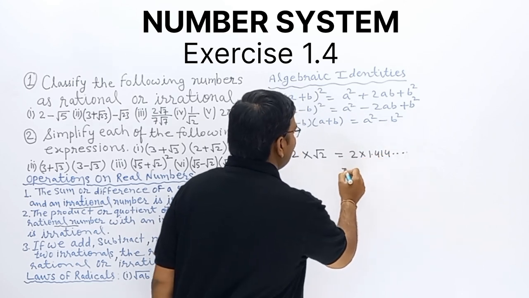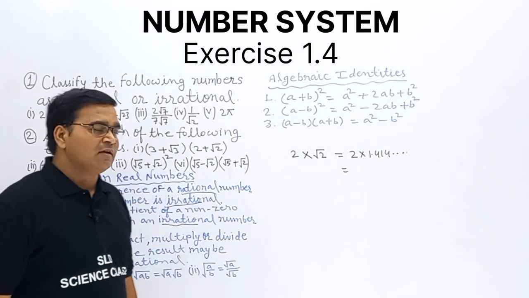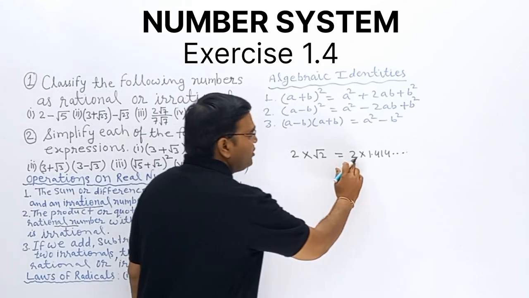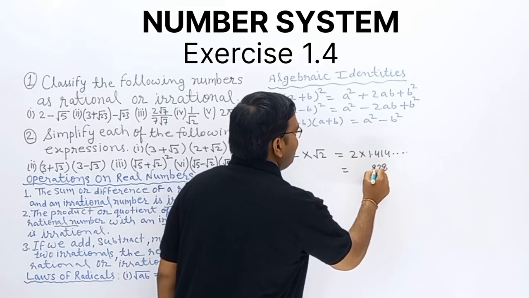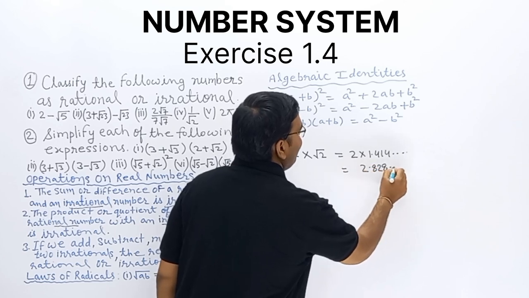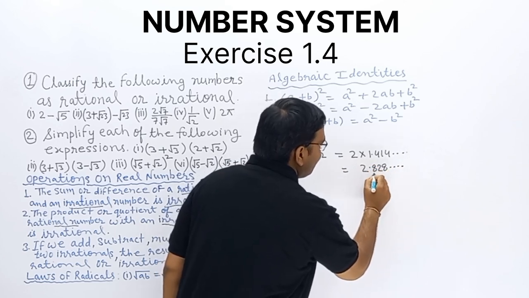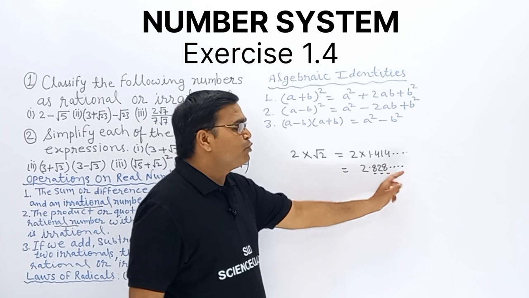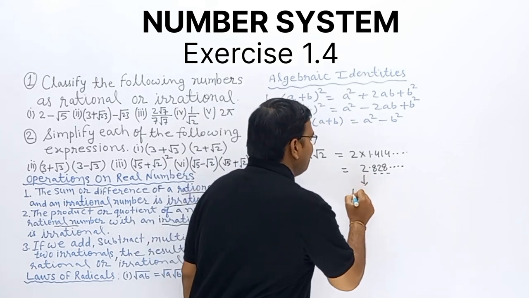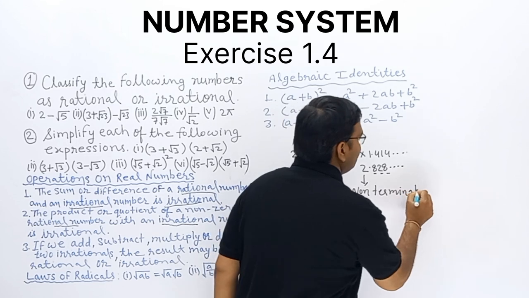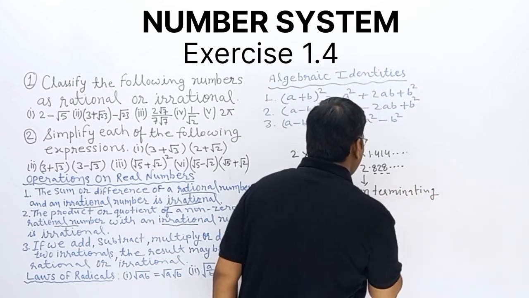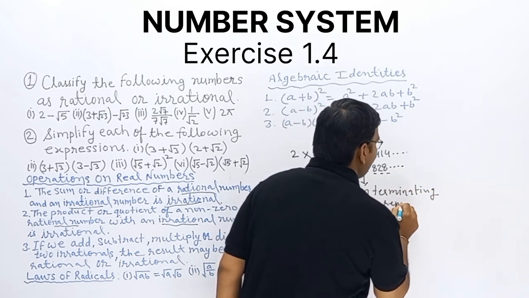Once we take the product, what value are we getting? The result will be 2.8 and so on. After the point we are getting different values up to infinity. So it is non-terminating, non-repeating. So what can we say?